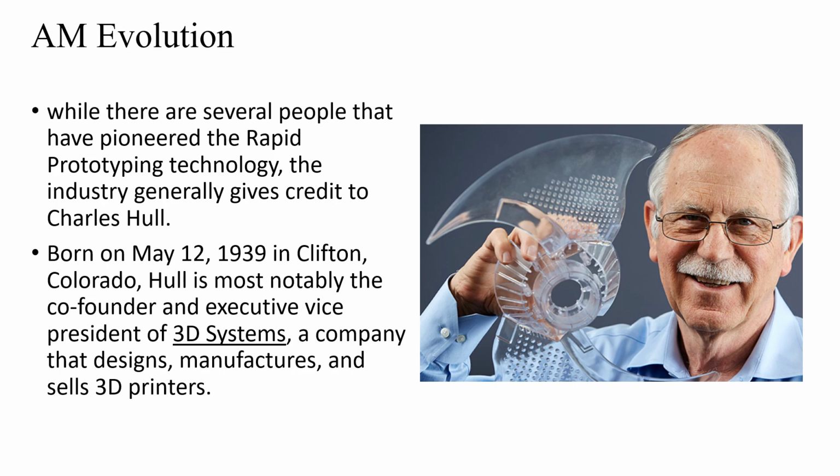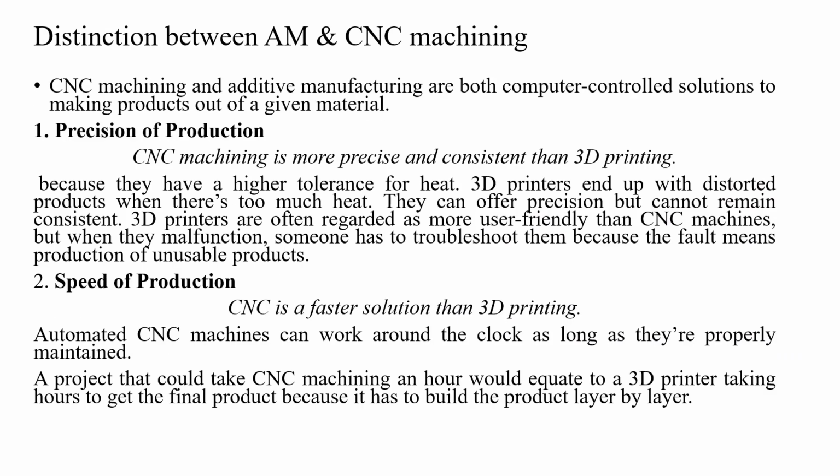If you go through the timeline from the 1960s, a lot of people have been involved in additive manufacturing, and you can go through that in my notes. So at this point, you know what additive manufacturing is.